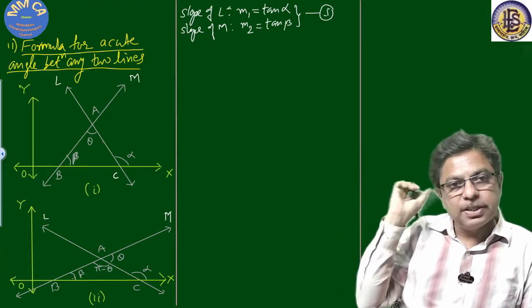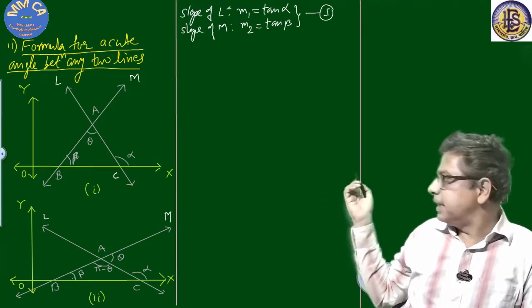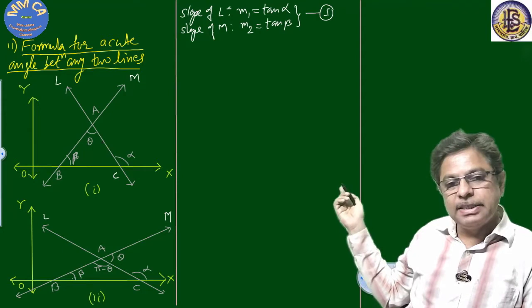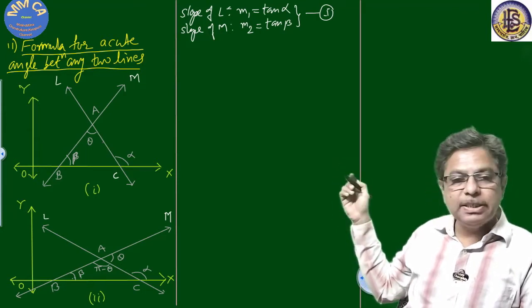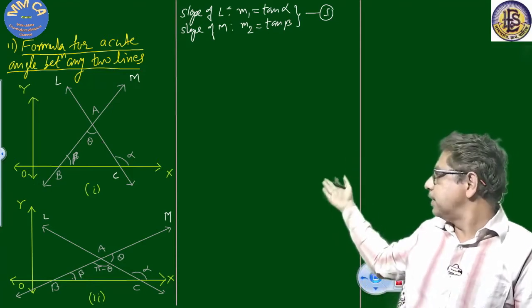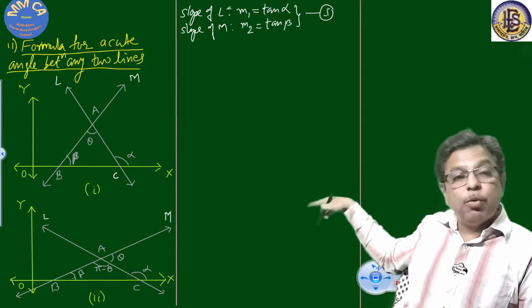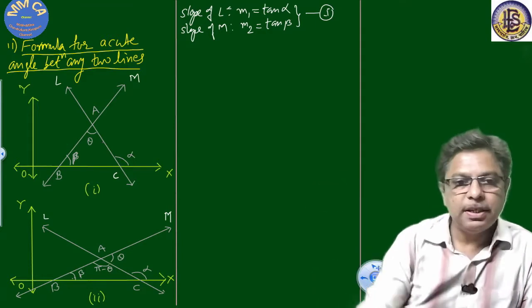So we are considering theta as the acute angle. In the first case angle BAC itself is theta, but in the second case angle BAC is not theta because it is not acute. So the acute angle will be theta on this side, and the measure of angle BAC is 180 minus theta, that is pi minus theta.